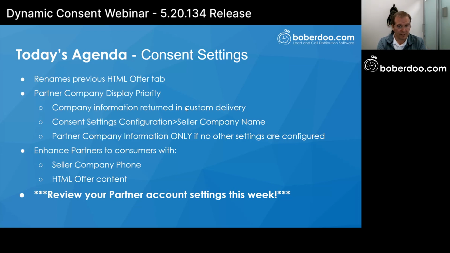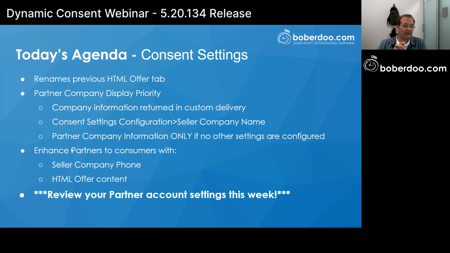First and foremost, if you have a custom delivery assigned in the filter set and there is company information returned in the custom delivery, that takes the priority and is returned in the response or to the form, first and foremost. Secondly, if there is information populated in the seller company name of the consent settings, that is returned in the response. And then the partner company information is used only if there is nothing else configured.